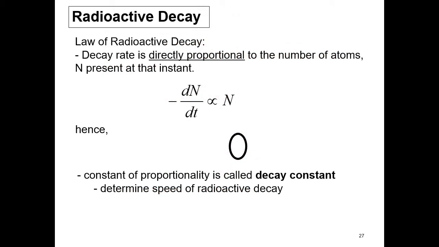Radioactive decay. According to the law of radioactive decay, the decay rate is directly proportional to the number of atoms present at that instant. So you can use negative dN over dt is proportional to N, and besides that you can use dN is equal to negative lambda N dt. The constant of proportionality is called the decay constant.